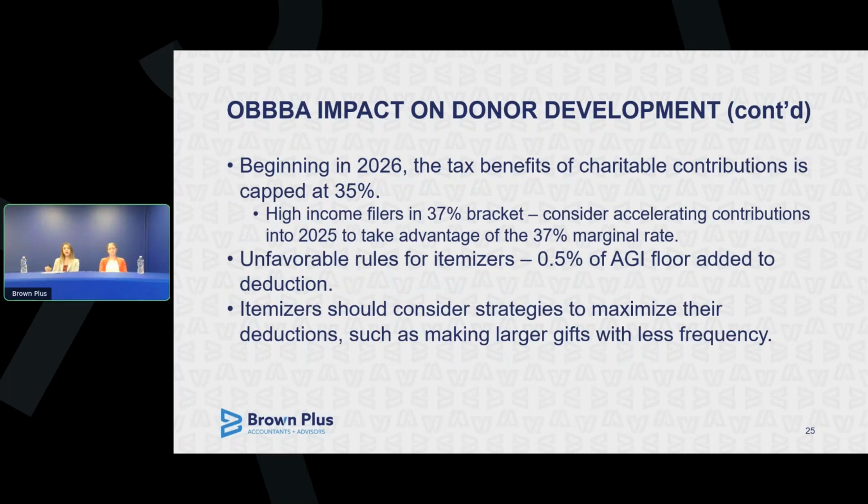With that in mind, itemizers should consider strategies that will maximize their deductions. A common example is to make larger gifts with less frequency. Maybe take an every other year approach where you're lumping your gifts, so you're only being subject to that for 1 year and not 2 years. So that's one option to maximize deductions there.